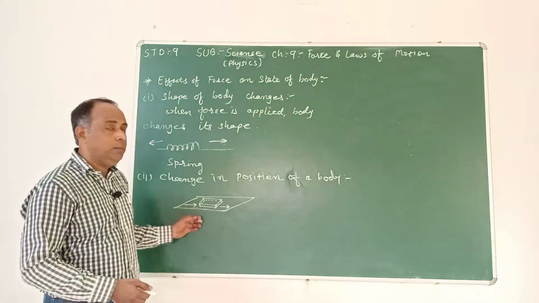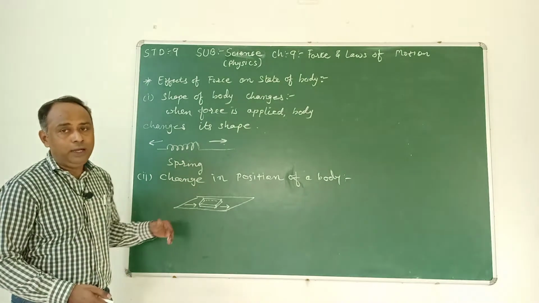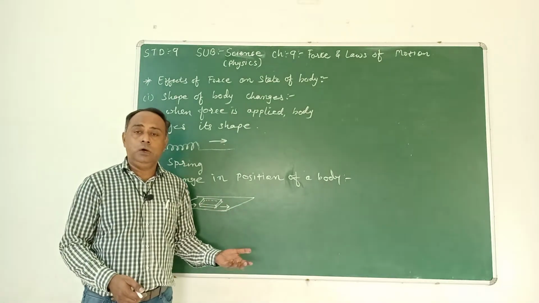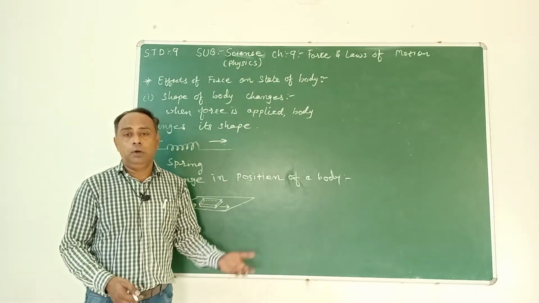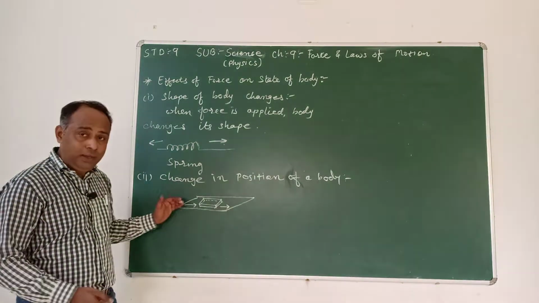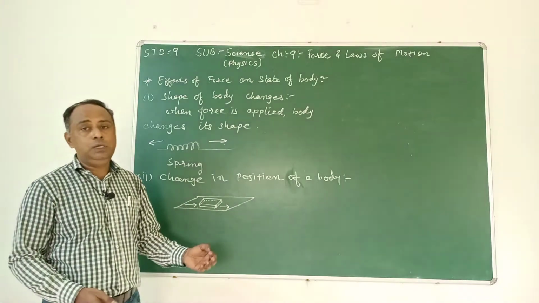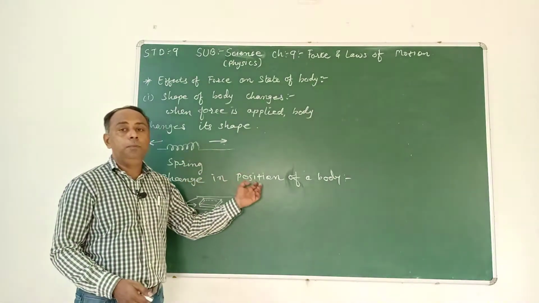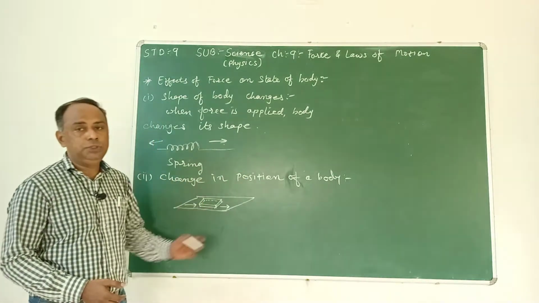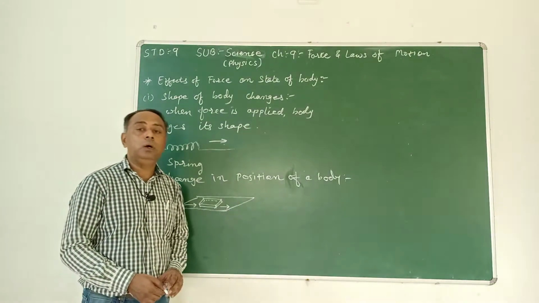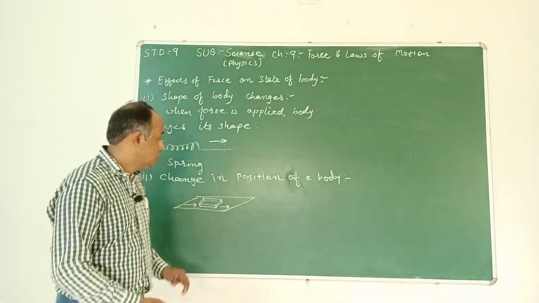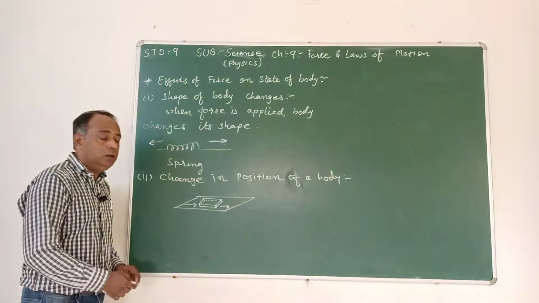But here what I'm talking about, if we are applying a force to any object or on any body, it may happen that it can be displaced, means we will be able to see the change of position of that particular body on which we are applying force. So this one is the second effect.